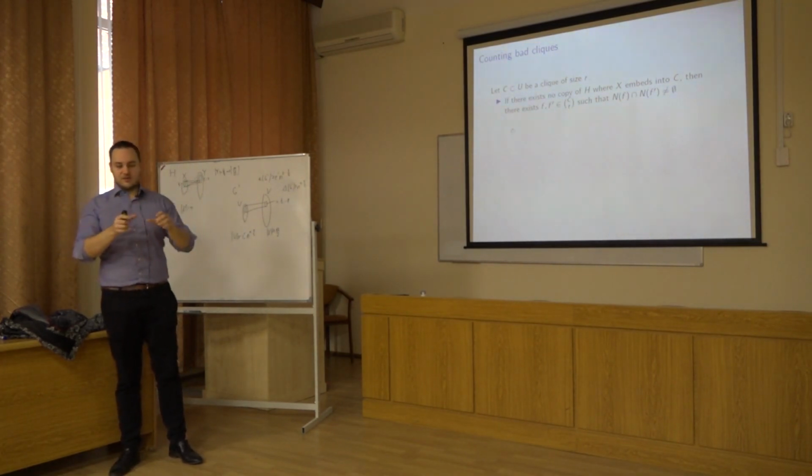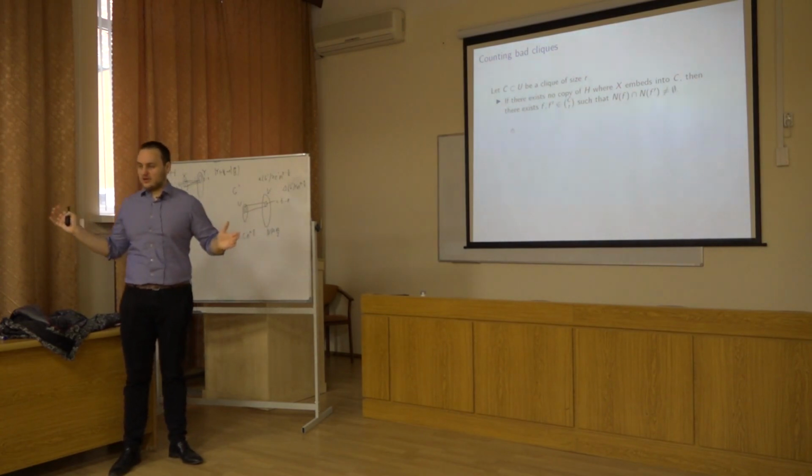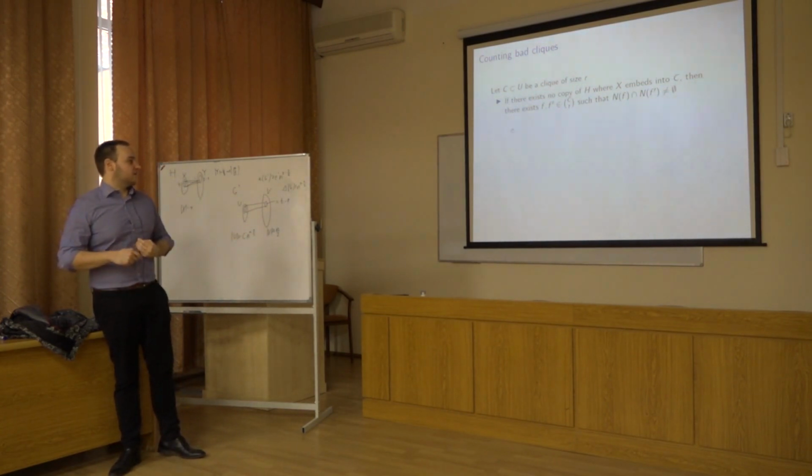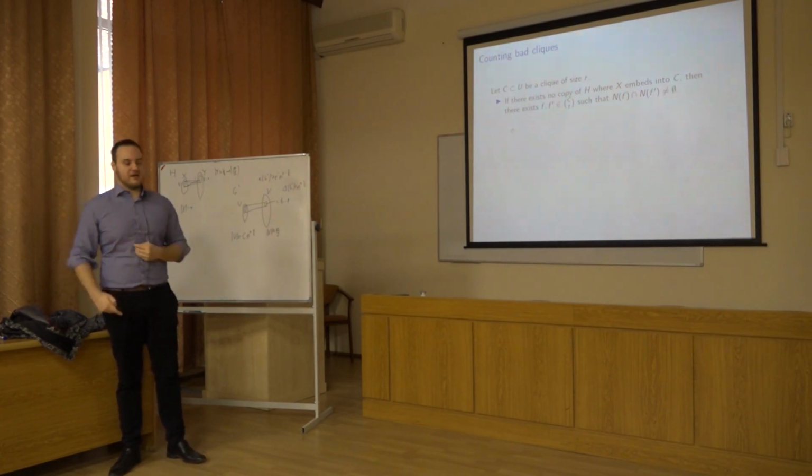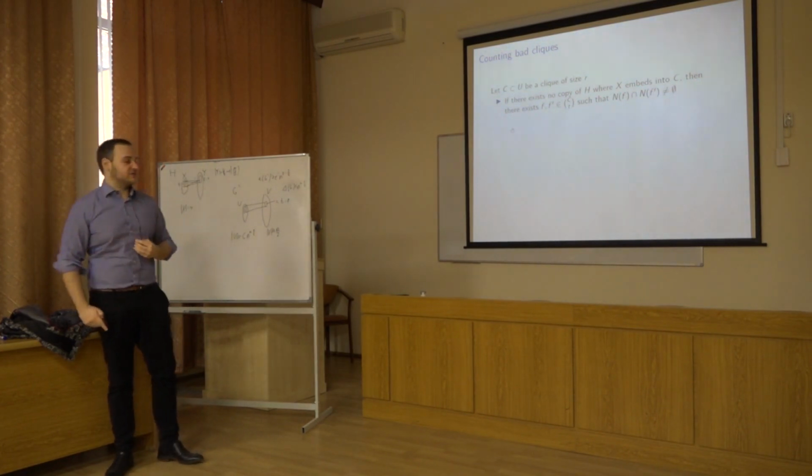If all these common neighborhoods are disjoint, then I'm done. So the only problem is if there are two hyperedges whose common neighborhoods have a non-empty intersection.